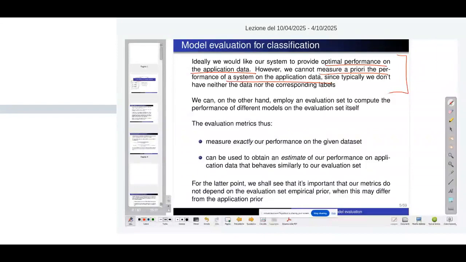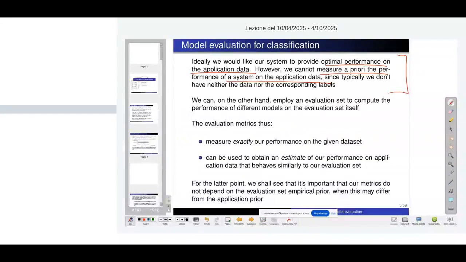Notice that the second step may not even be possible. I may never have the real label for the data that I want to classify. If I'm using it to make a diagnostic system, I will never know if the patient was really ill or not, unless the patient dies. Maybe I don't treat him and he was ill, but he recovers on his own. So I will never know that he was actually ill. I will not have the real label.